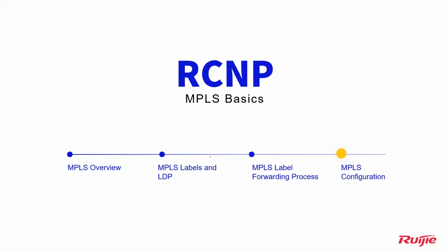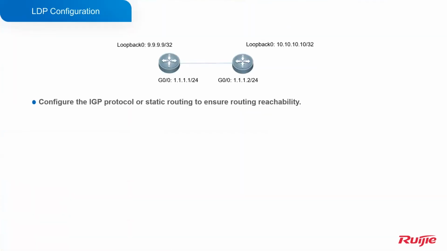If you want to use the MPLS function, how do you add the configuration on all the network devices, so that they will distribute the label and forward the message according to the label information? For example, now you have 2 routers, and they have loopback addresses, and they also have a physical link to connect with each other.